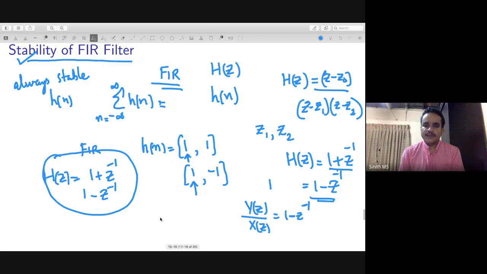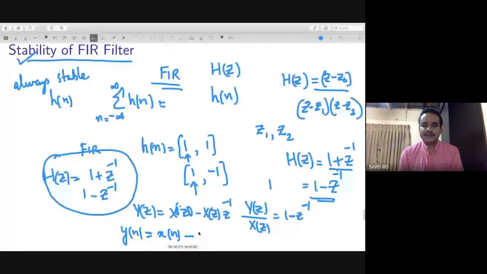So if you cross multiply this, it becomes Y(z) equal to X(z) minus X(z) into z inverse. If you take inverse transform, this becomes y(n) equal to x(n) minus x(n minus 1).